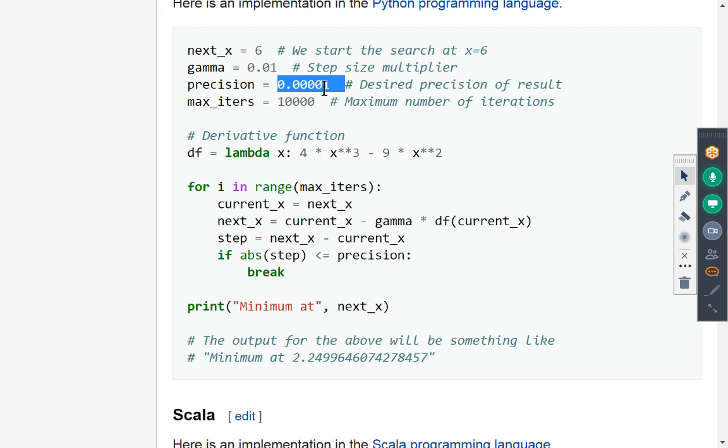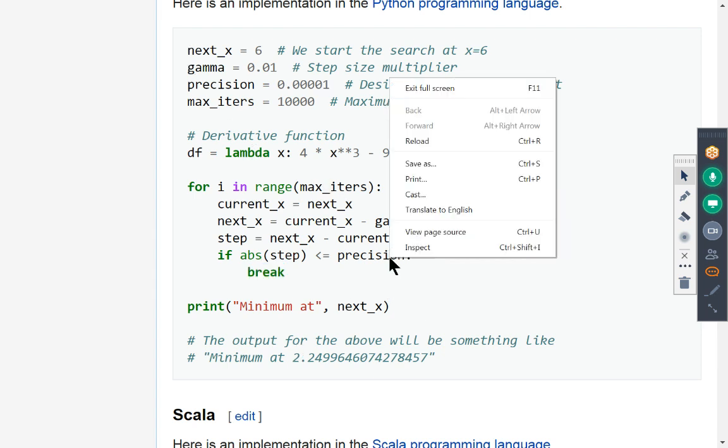Based on the slight slope, I need not put my feet here or here, it is the same, right? If that step size is less than this, then we stop the program, we break the program. That's what this algorithm is doing.